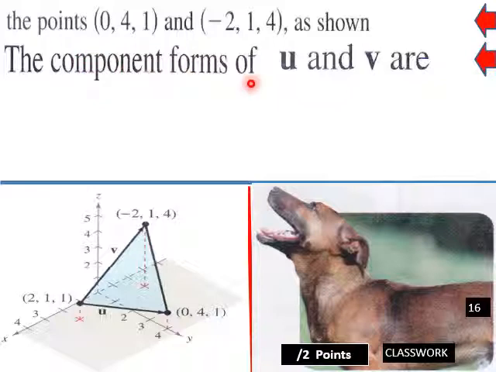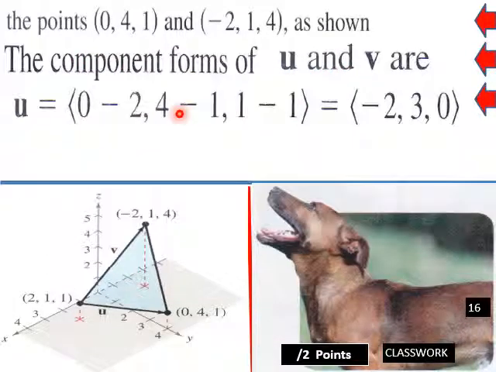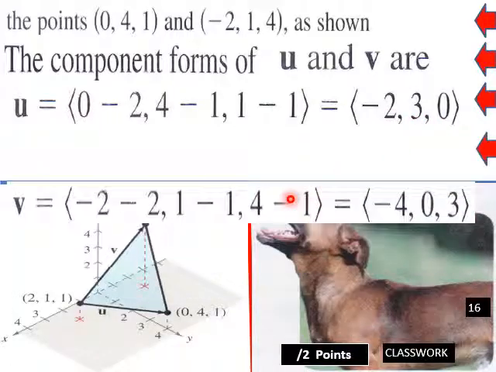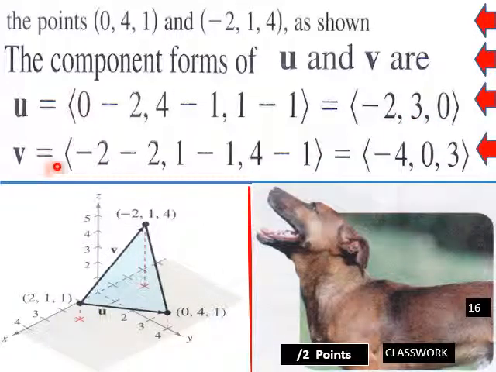The component forms of u and v are: u is negative 2, 3, 0, and v is negative 4, 0, 3.